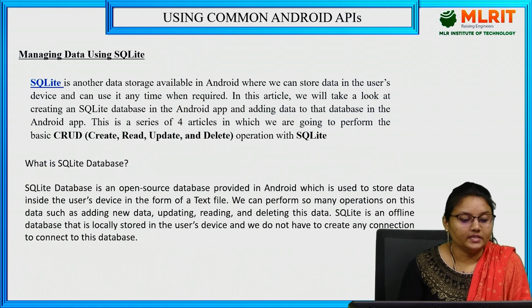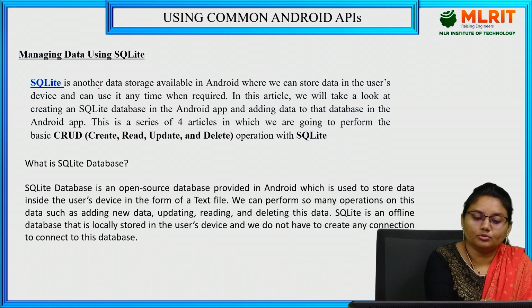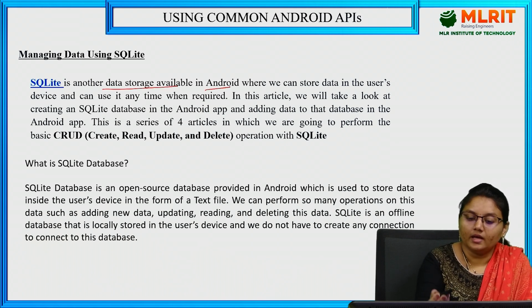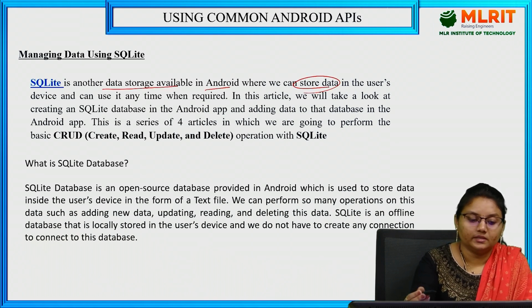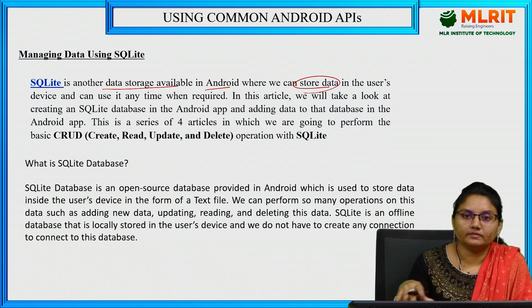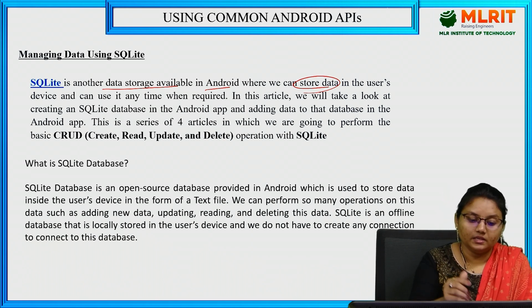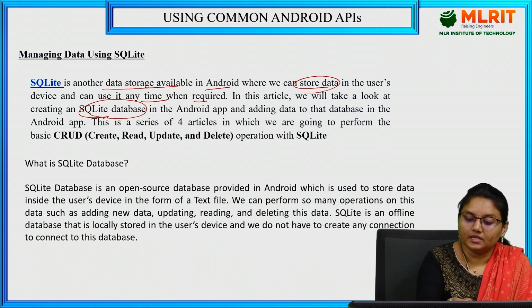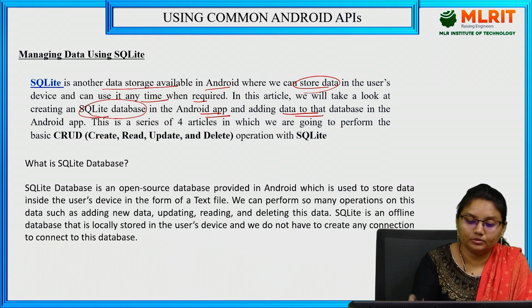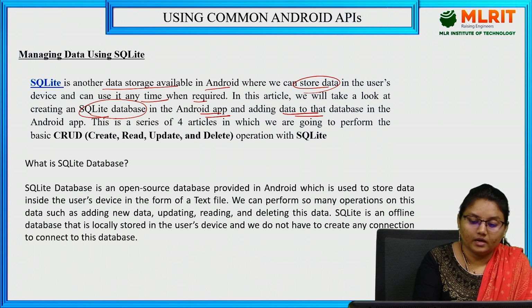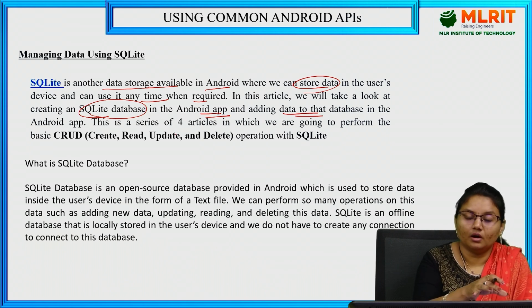SQLite is another data storage option available in Android, where you can store the data in the user's device, meaning any Android device, and use it anytime when required. So we have discussed so far creating an SQLite database in an Android application, how to create a database and how to insert the data.